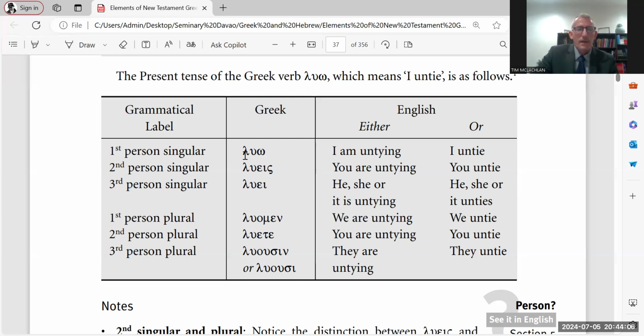Okay, so again, you've got the stem and you've got the pronouns. Now, these pronouns are only going to be used in the present active indicative. Present means it's the present tense.